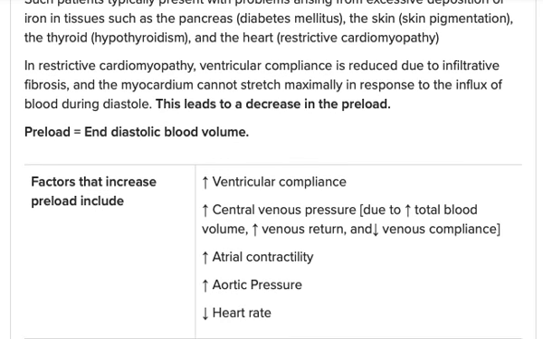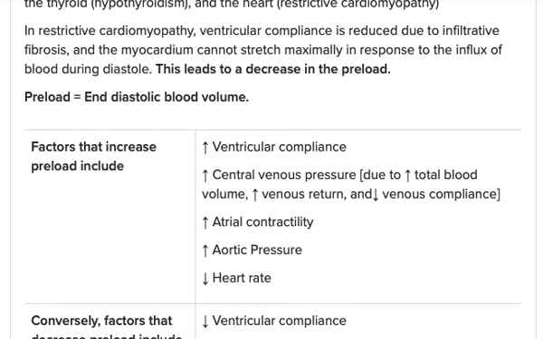This leads to a decrease in the preload. Preload is the end-diastolic blood volume.